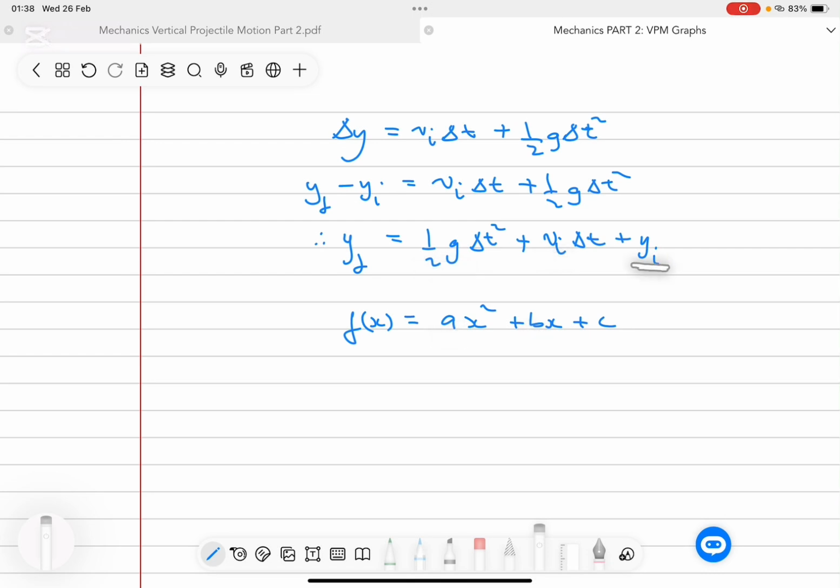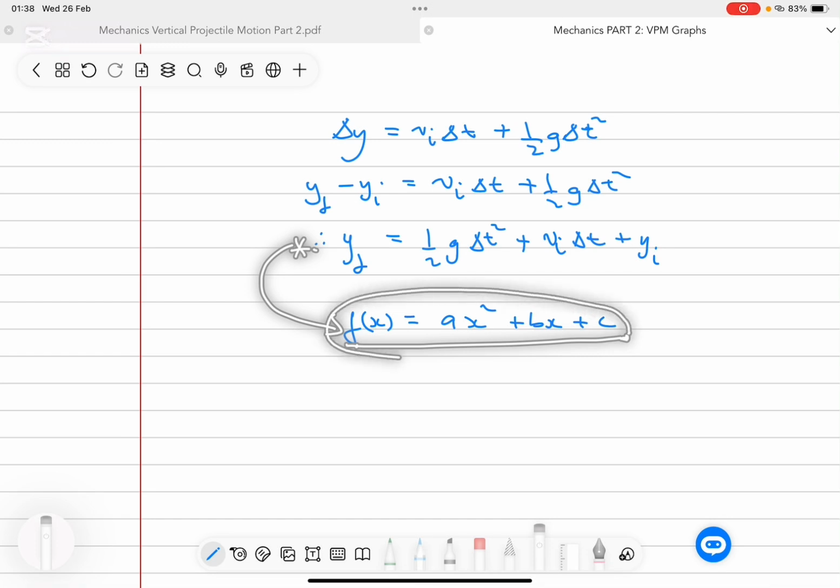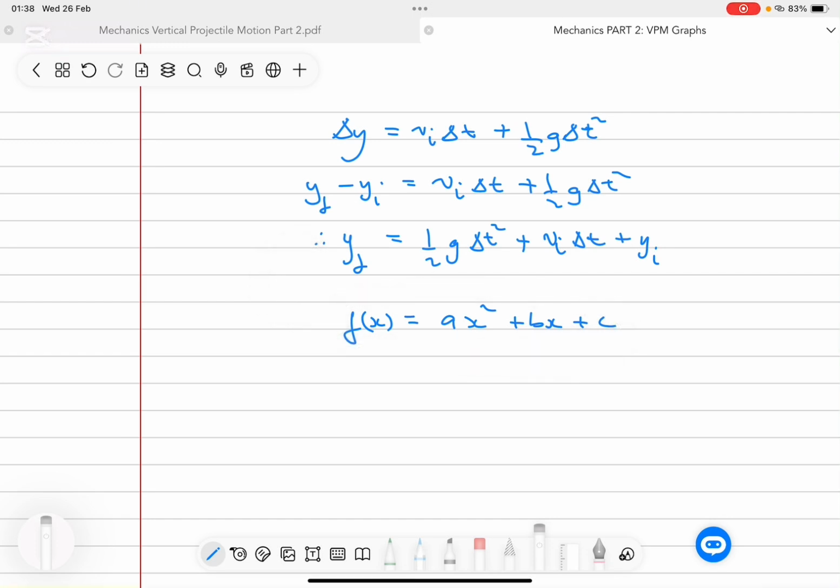The yi is the same as c. This equation behaves exactly the same way as the standard form of a quadratic equation. And this is the reason why when we draw position versus time graphs, they are always a parabola, because they are of this form.